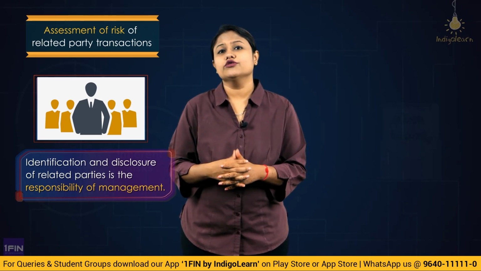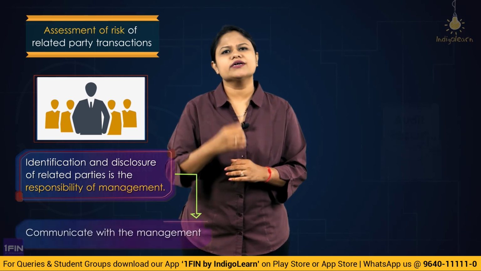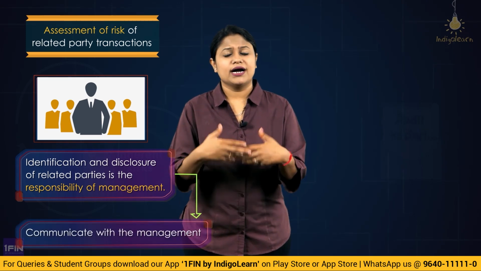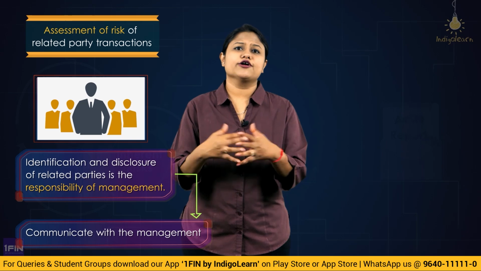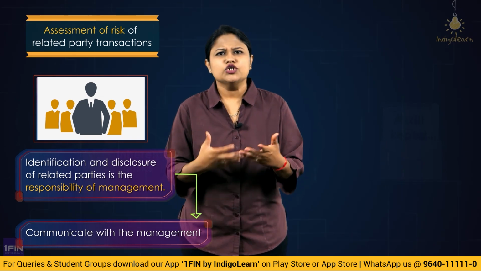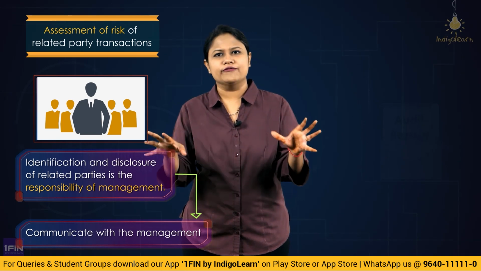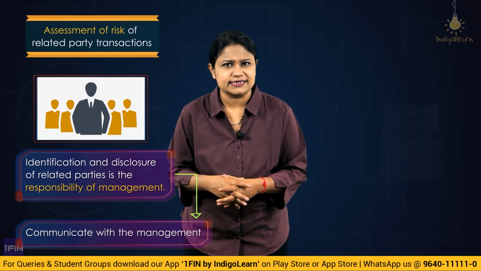So basically, when I do risk assessment, the first thing I am going to do is communicate with the management, talk to them, understand their understanding of related party transactions, inquire with them, and know what controls are in place, etc. So this is a broad framework of how a risk assessment procedure will be conducted.